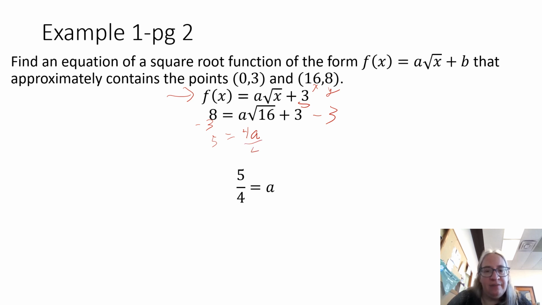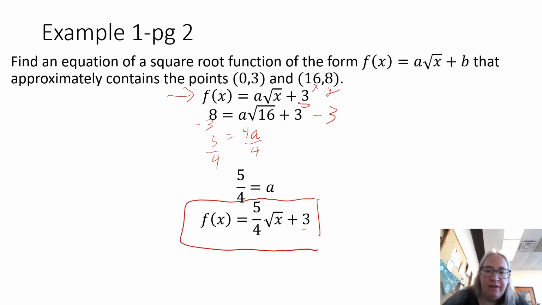And then I just divide both sides by 4. So my a is 5/4. So it turns out I didn't have to round anything off in this particular problem, but sometimes you do. Now I plug my a into my function. 5/4 is my a, 3 is my b. So here's my final answer. My function f of x is 5/4 of square root x plus 3.